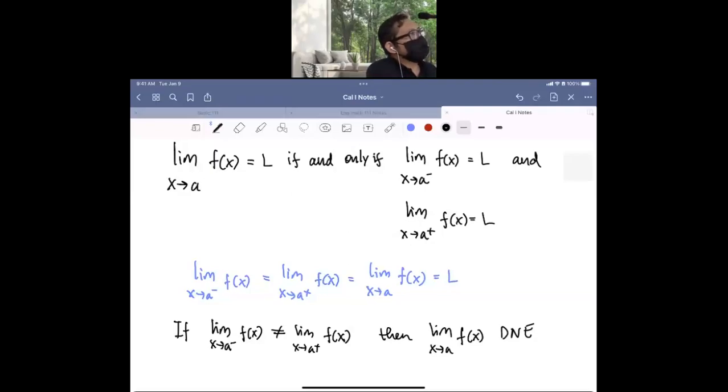And then how does a limit fail to exist? There are several ways. One way is this one: the left-hand limit is not equal to the right-hand limit. Another way I will discuss after this.